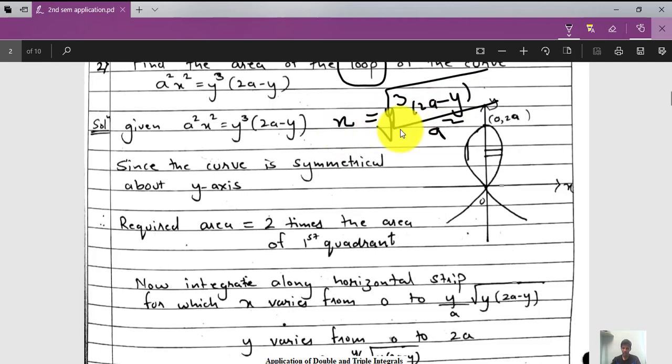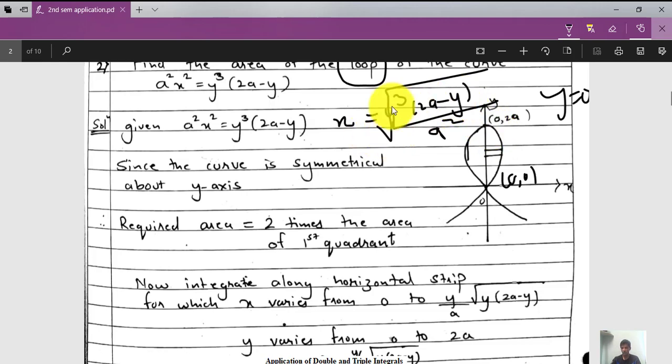If I substitute y is equal to 0 first, then for y cube, substituting 0, this whole term turns out to be 0. So the point is x comma 0. Now here it is 2a. What will be the maximum value I can take?